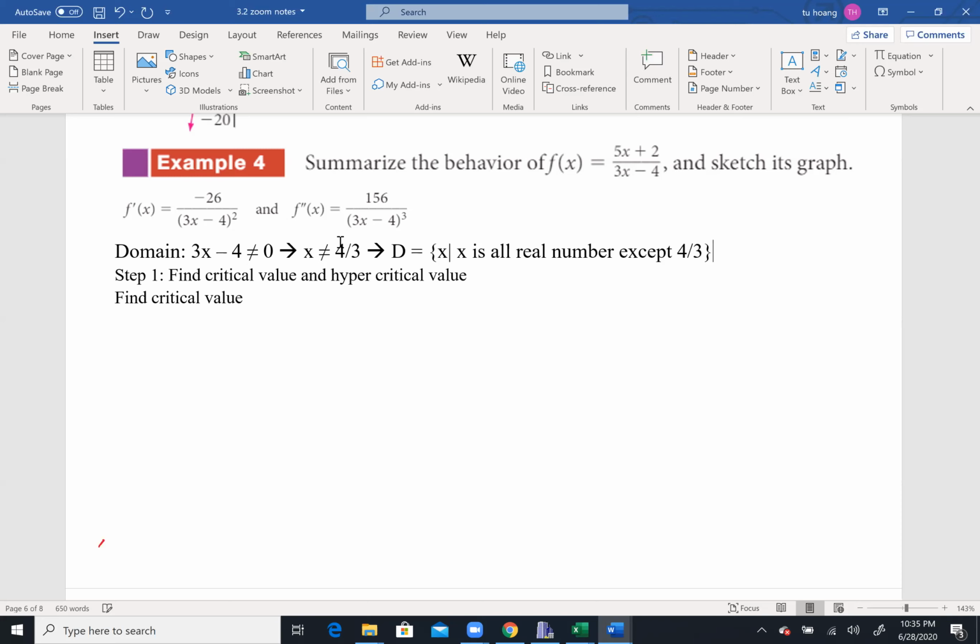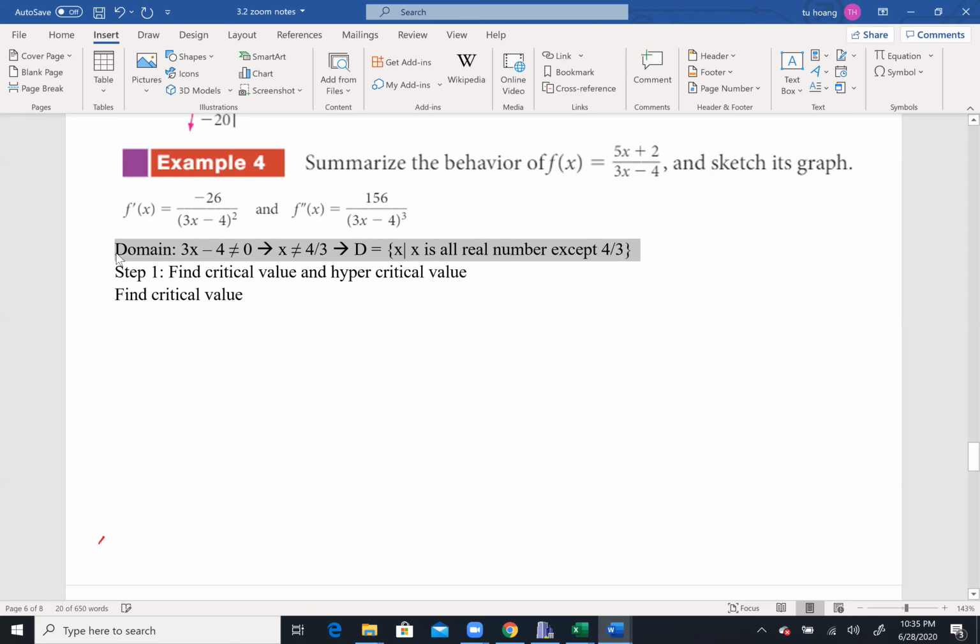Okay, and now I'm going to go down to step 1 here, and I have find critical values.